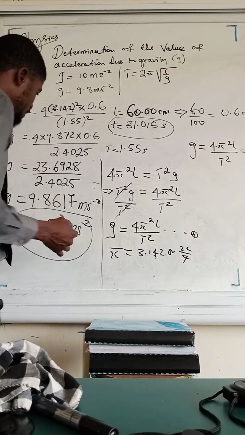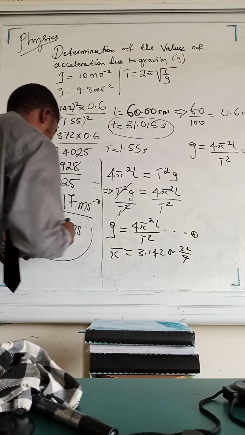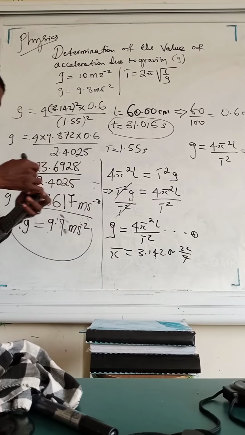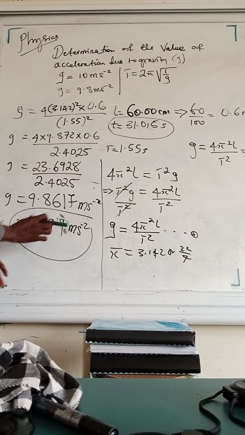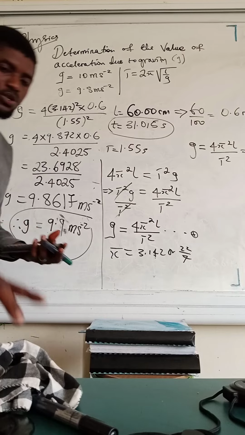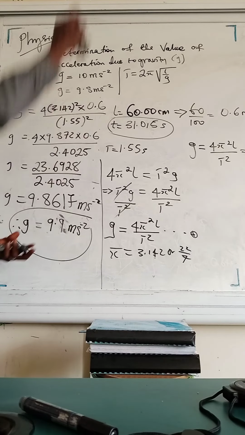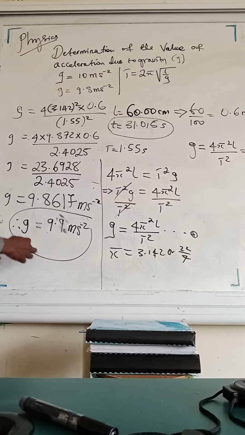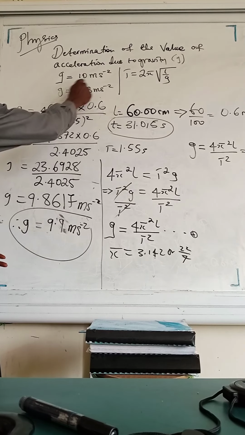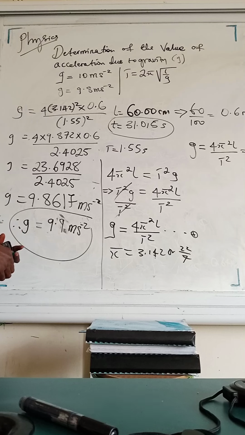I told you this constant is not a constant because it varies across the surface of the earth. I want to comment quickly on this result. So approximately your G is 10 meters per second square.